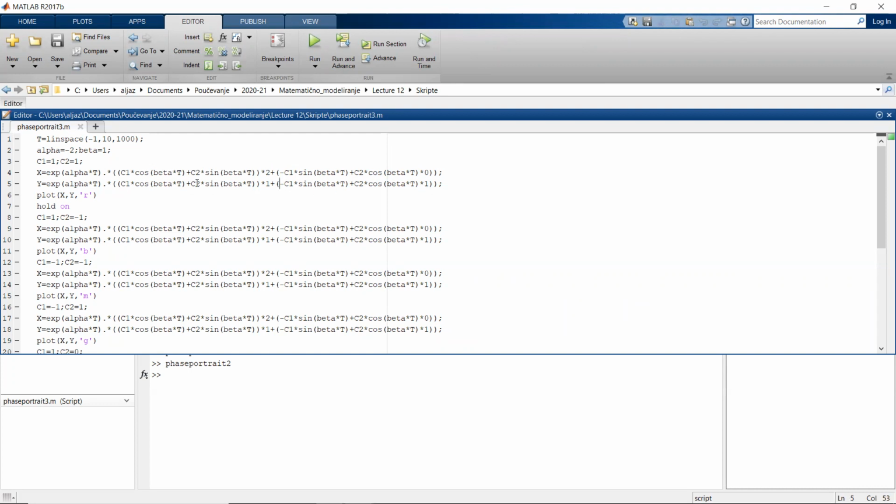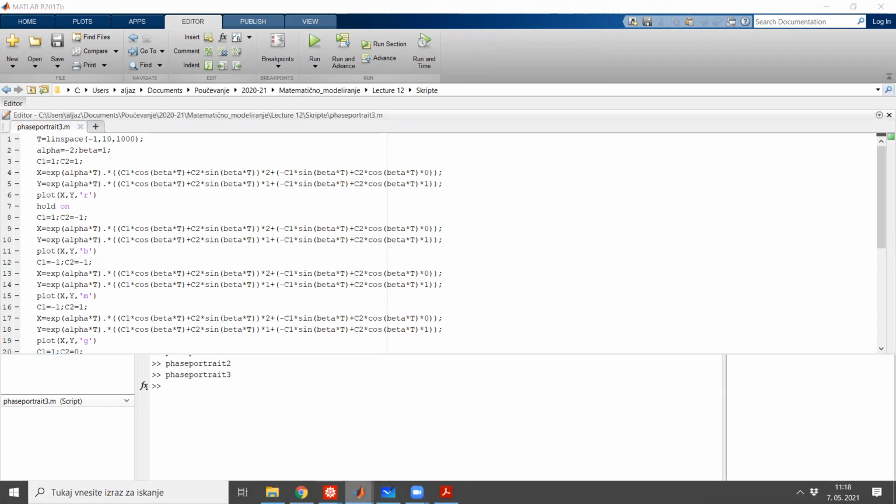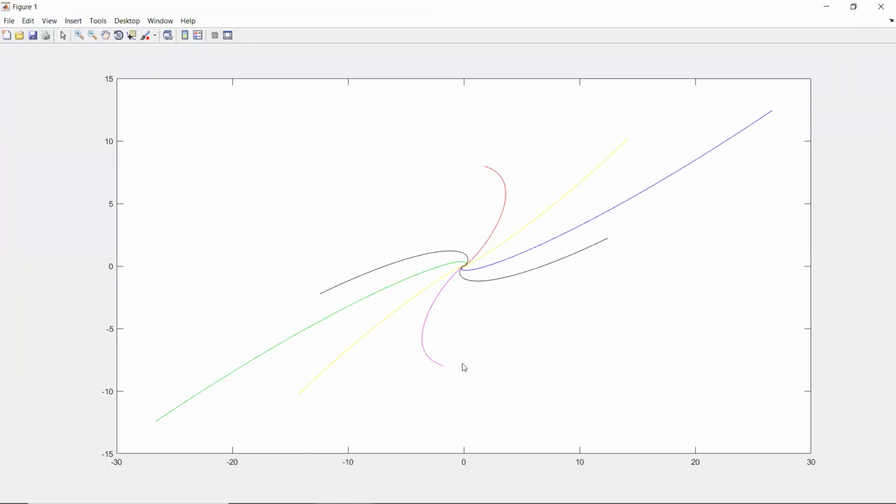The form of the solution is just rewritten a little bit. Let's run this example. And you see, we really get spiral behavior. The curves of different colors are different spirals.